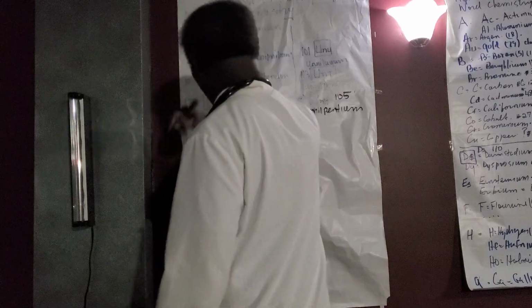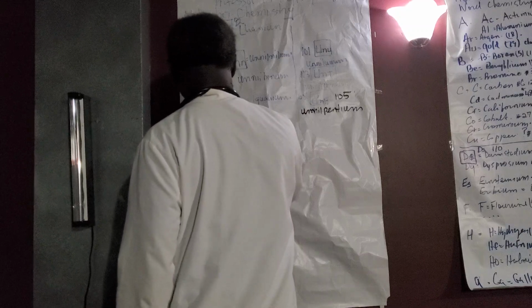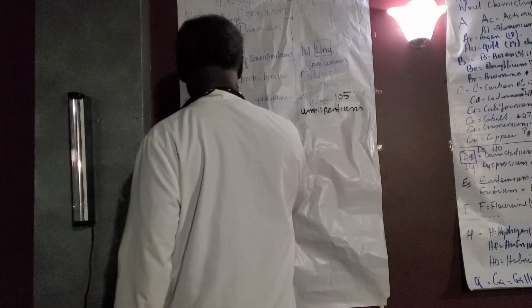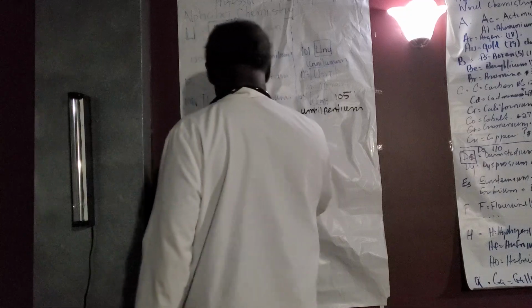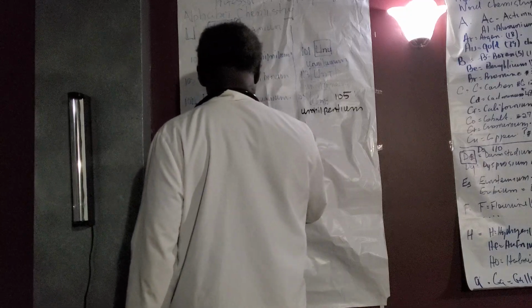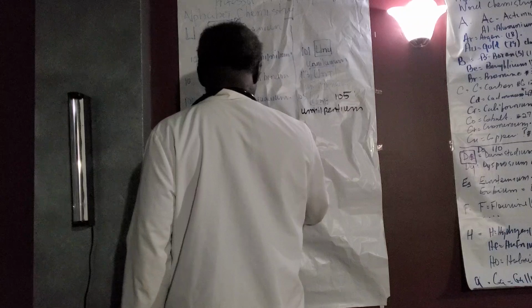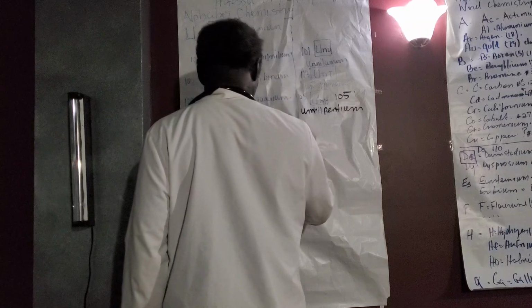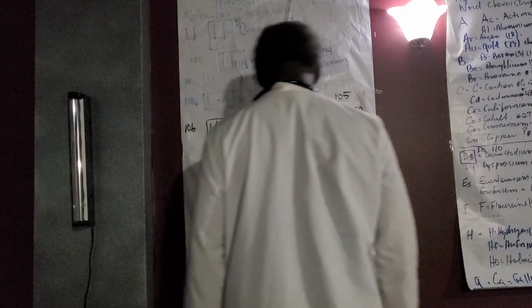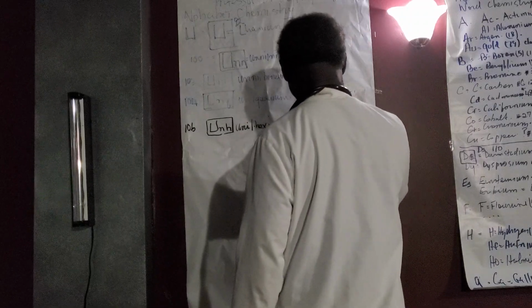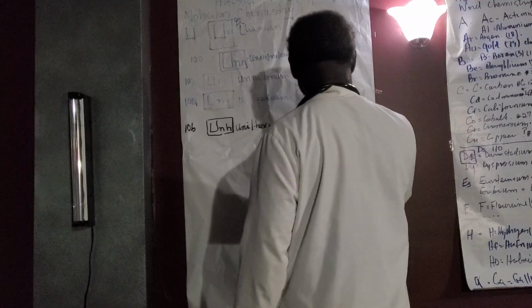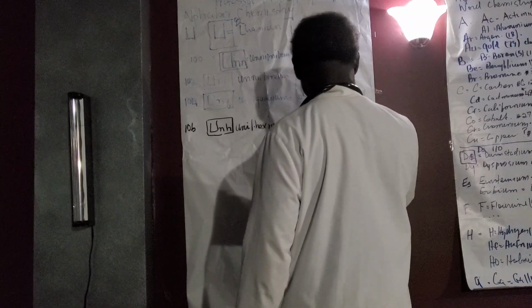On the letter U, 106 would put us as unnilnilium. 107 would put us at unnilnilium.